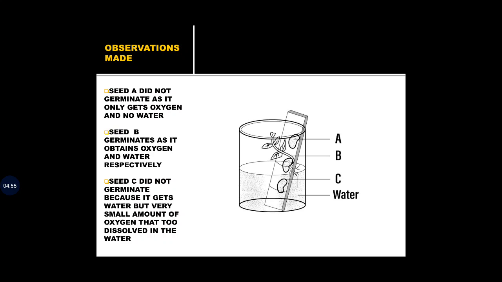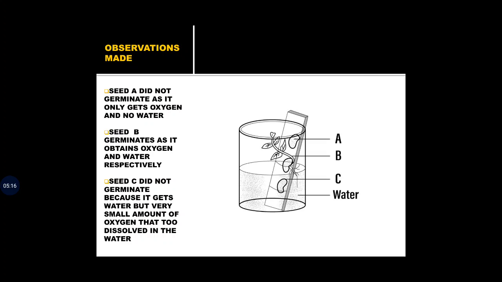So, the inference from this experiment is that in case of seed A, the seed is only obtaining light and air but not water. So out of 3 factors, 1 factor is missing, and hence seed A has not germinated. In case of seed B, the germination has taken place properly.